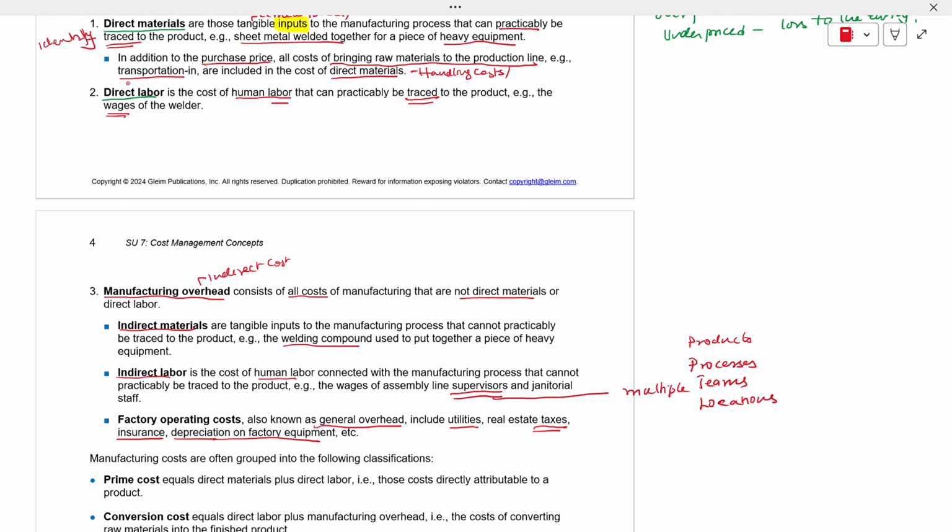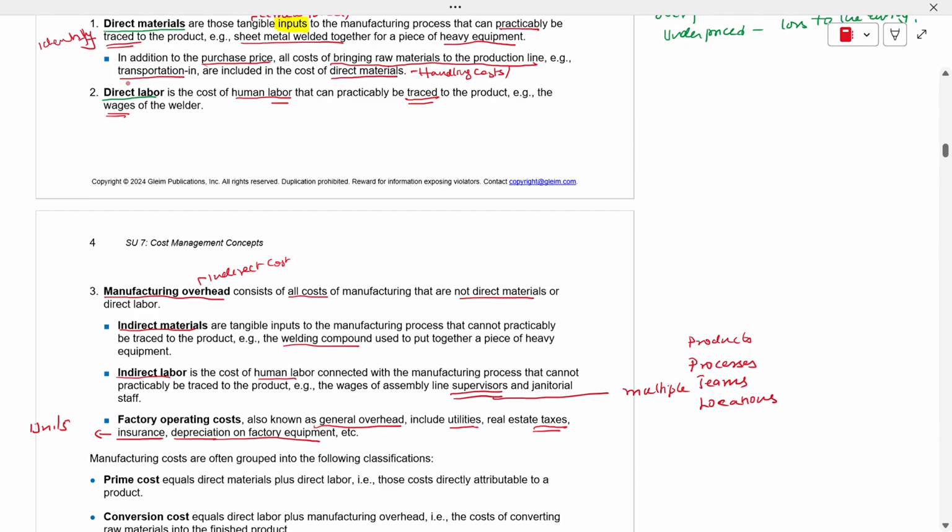When you talk about depreciation, whether you operate or you don't operate, you have to reduce the value of the factory equipment. Just like this, insurance, factory operating cost. In some cases, if you are operating these many units, then you have to pay insurance.